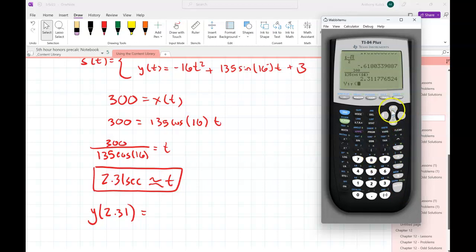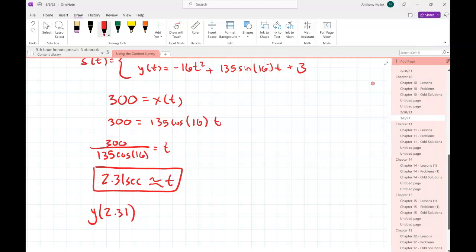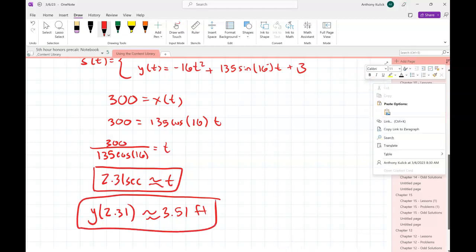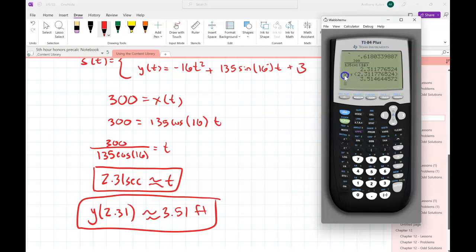So I do y1 of, making sure I chose from the parametric menu this time, that number, or you could have just plugged it in manually. That would have been okay too, right? But this is the same thing we've done before where I just did vars, y vars, and this time I chose from the parametric menu since we're in parametric mode, and that's where my parametric equation is stored.